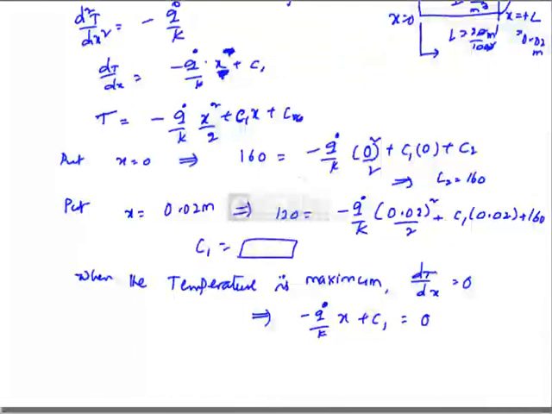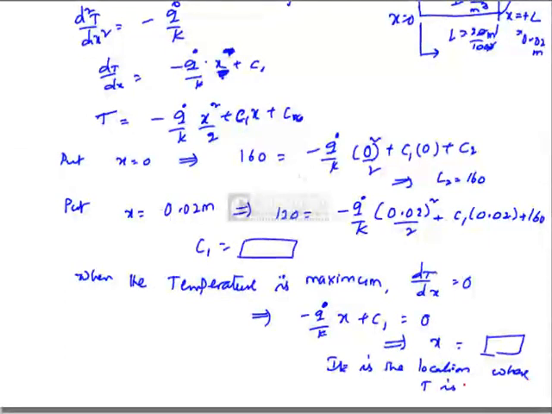Having known C1, q dot and k, immediately we can get x, that is the location where the temperature is maximum. We will obtain it in meters. That is the answer for the first question.